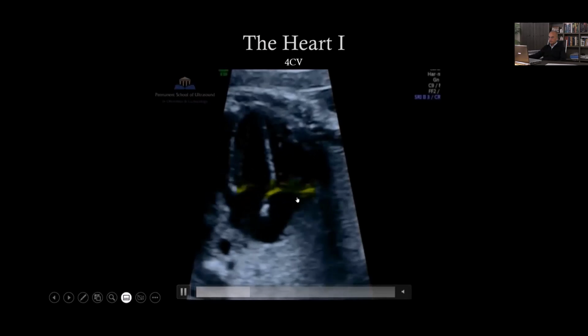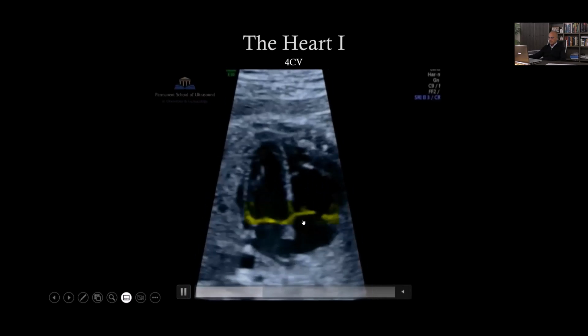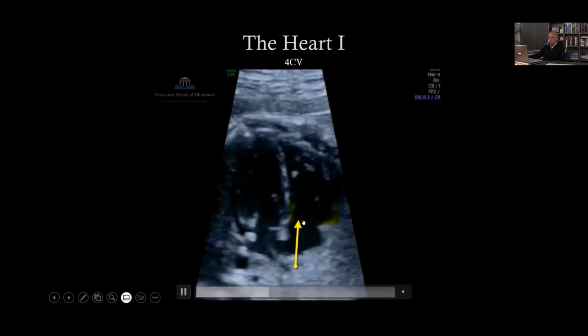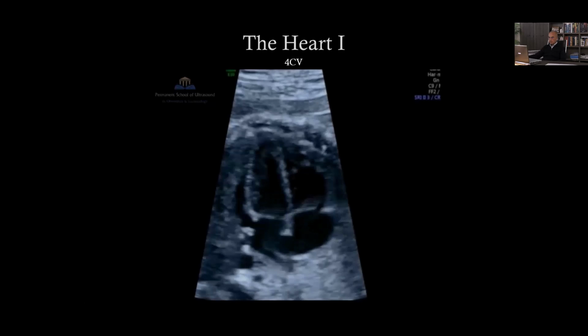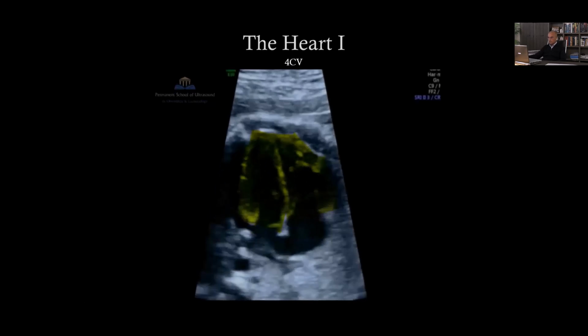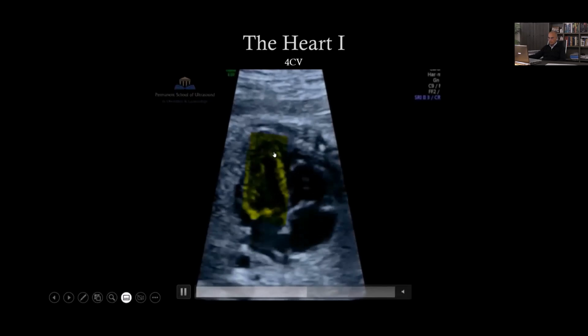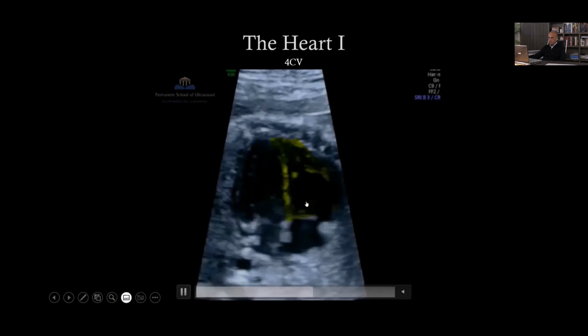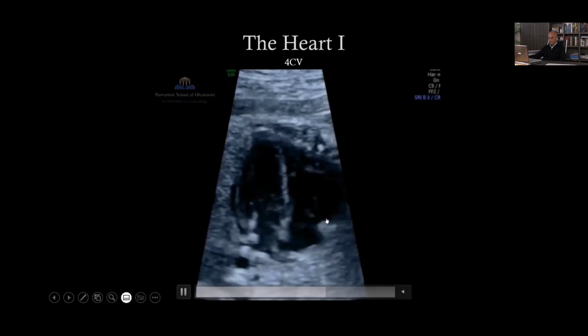You can see the atrioventricular valves, as I told you, with a slight displacement of the medial edge of the tricuspid valve toward the apex. You can see the ventricles that have approximately equal sizes, with the left ventricle forming the apex and the right ventricle under the sternum with a moderator band.